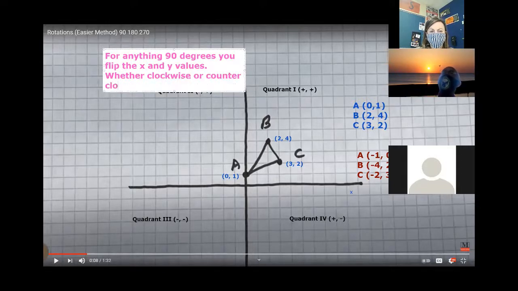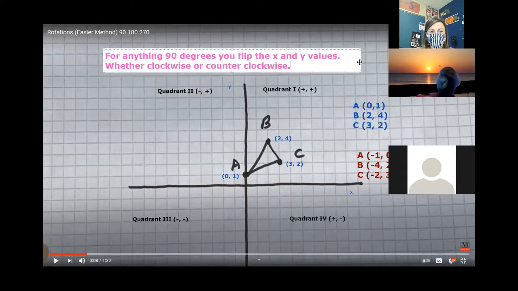I'm going to make this a little bigger or longer so it doesn't run into and cover our quadrants. We do not want our quadrants covered.